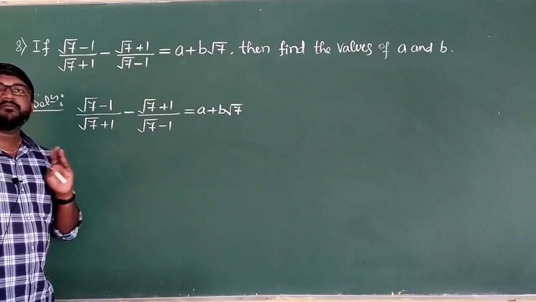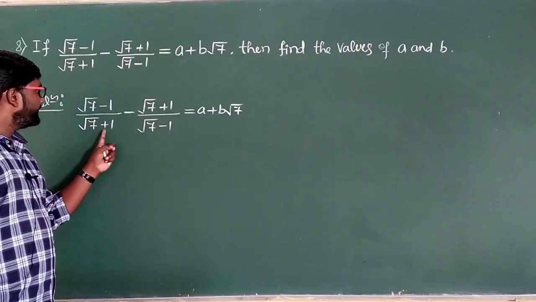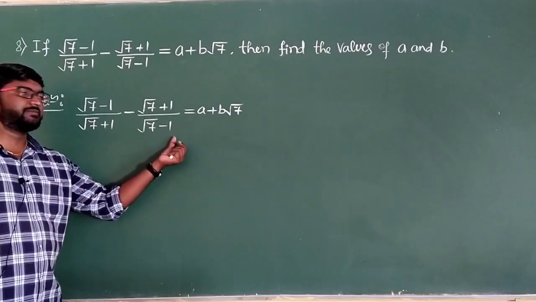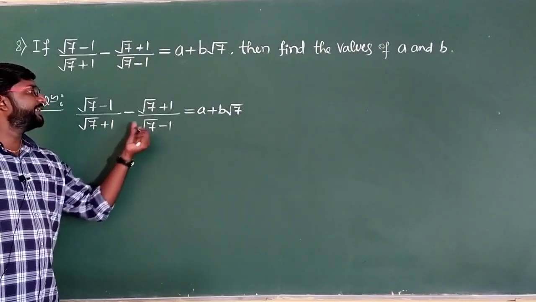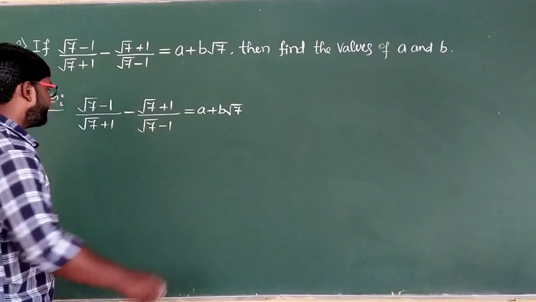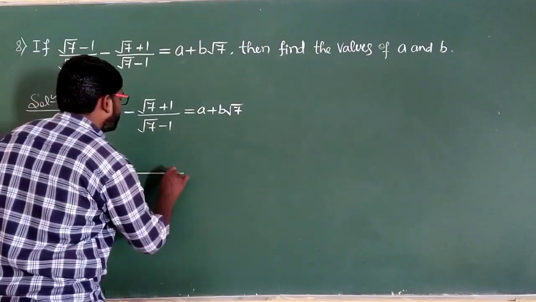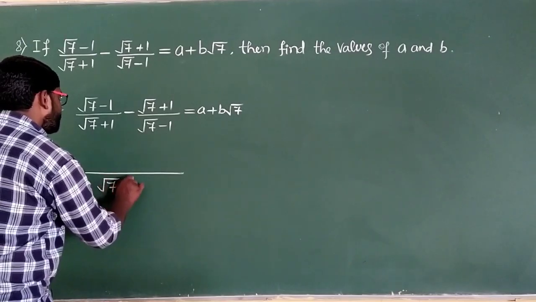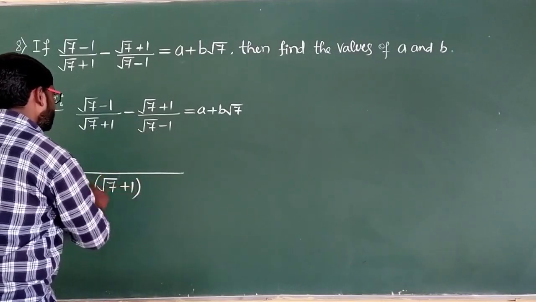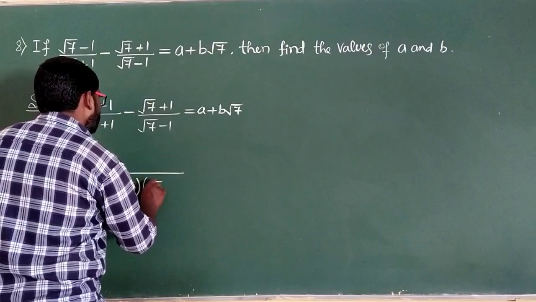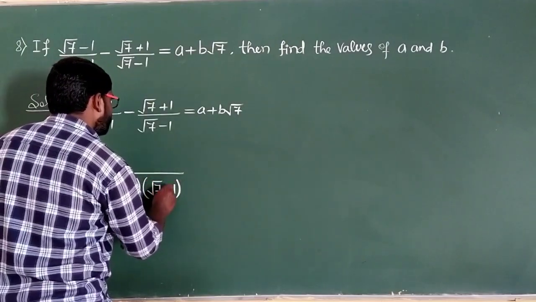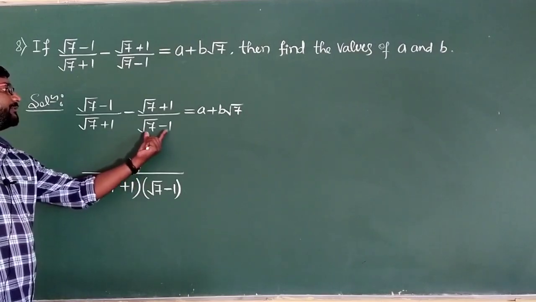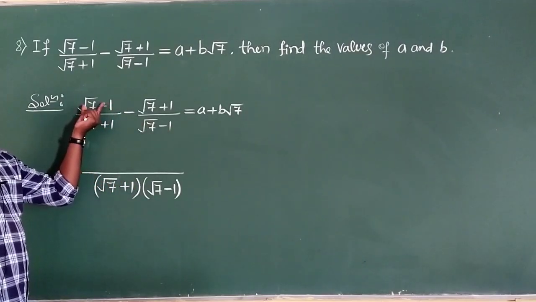In the next step, we have to take the LCM of these two terms. The LCM of root 7 plus 1 and root 7 minus 1 will be root 7 plus 1 into root 7 minus 1. We just have to multiply the denominators. Now root 7 minus 1 will be multiplied with root 7 minus 1.